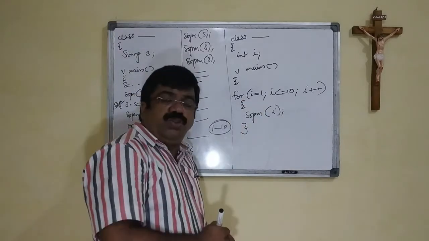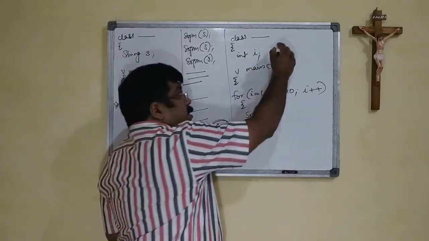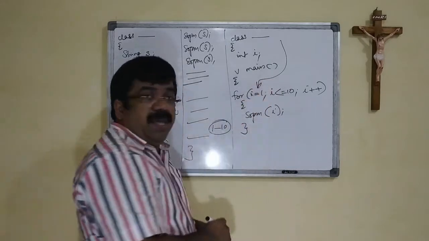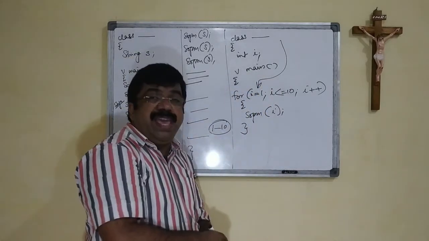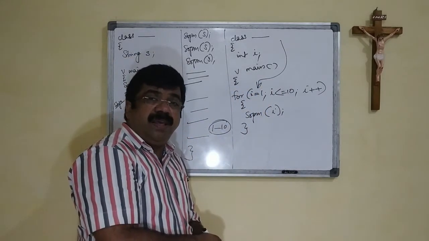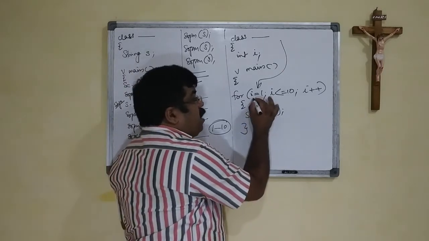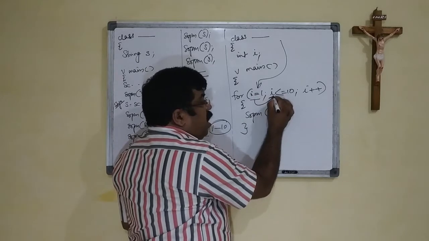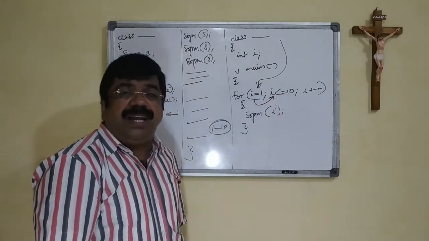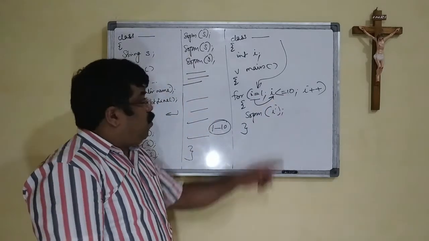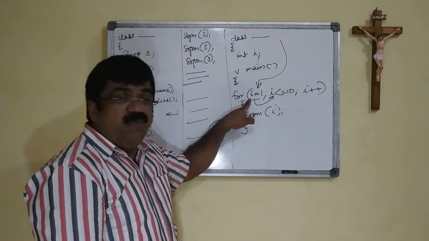Okay, let's see the execution. When the program starts, it takes the value of I as 1. That is initialization. Immediately after the initialization, it goes to check the condition. What is the value of I? 1.